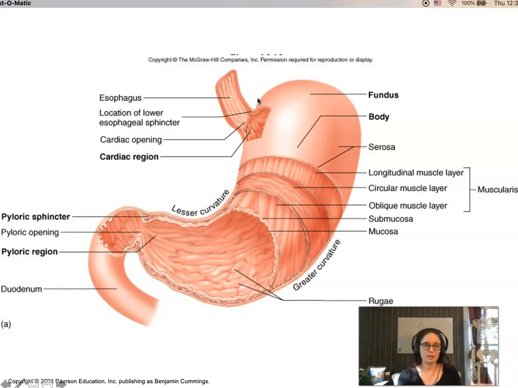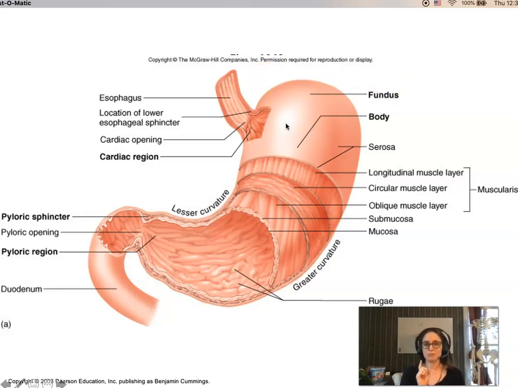What fundus are we talking about? Because there's the fundus of the uterus, for example. So be specific here: fundus of the stomach. Unless you happen to be having a conversation exclusively about the digestive system, then probably they're not going to be confused about it. But for now, I want you to get used to being specific with your anatomical terminology.